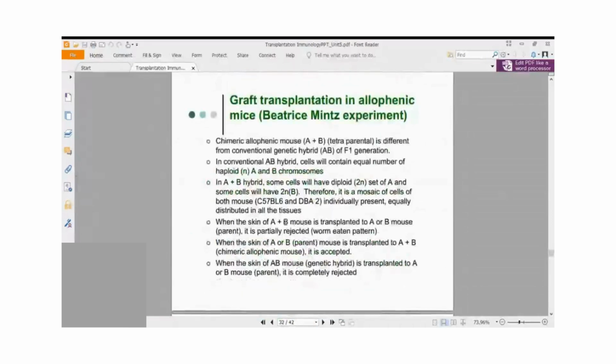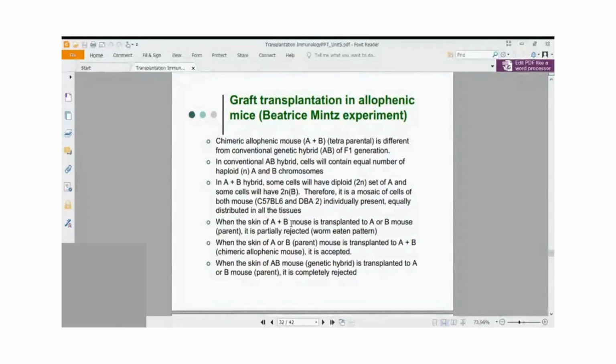Because in the embryonic condition itself, you produced a different kind of hybrid by fusing the blastocysts of A and B strain mouse, and you got A plus B, that is the chimeric mouse. The genotypic constitution of that mouse is capable of tolerating the skin graft of both the parents.